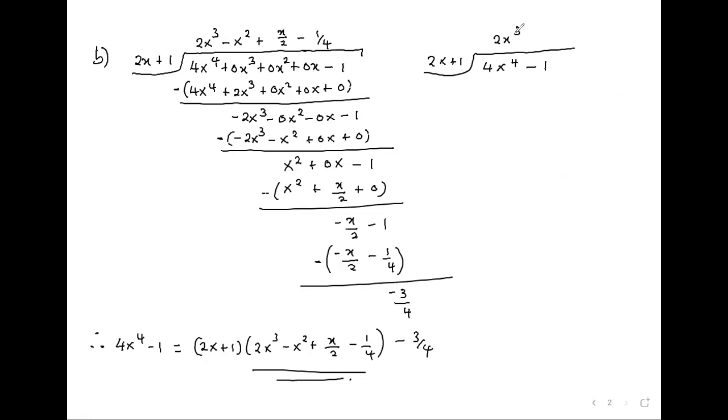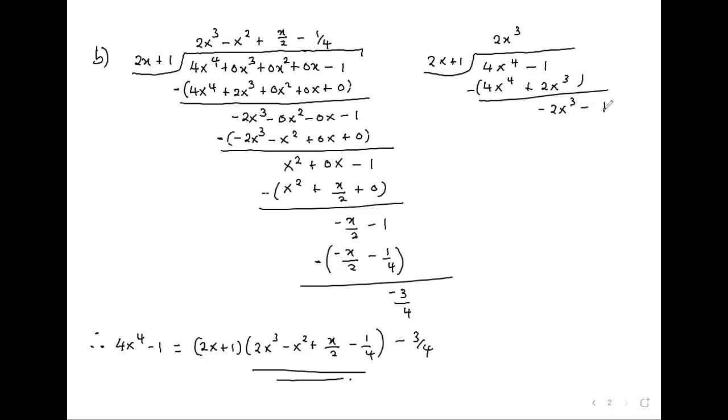Then multiply, you get 4x^4 plus 2x^3. Then you subtract. There's no x^3, so when I subtract here, I will just get negative 2x^3 minus 1.